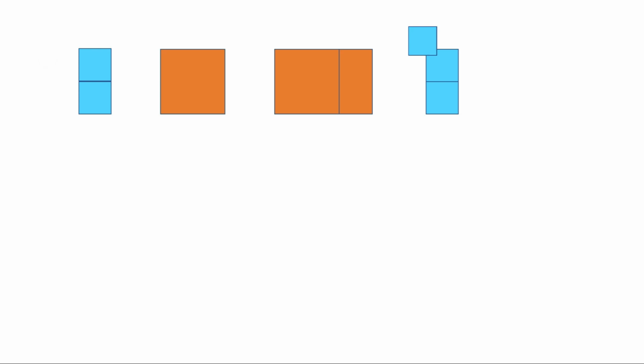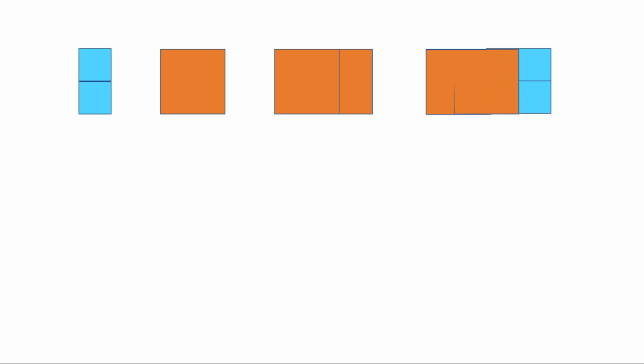We have already seen that there are 8 small squares. Now we have to find how many large squares are there in this figure. First of all, we can take the first 4 small squares and we can make a large square like this.